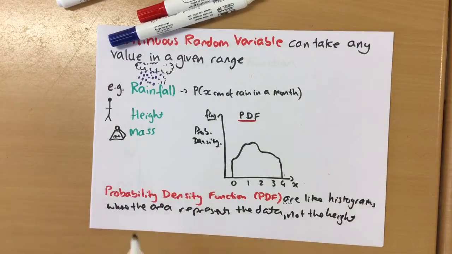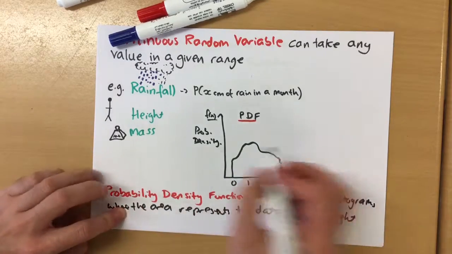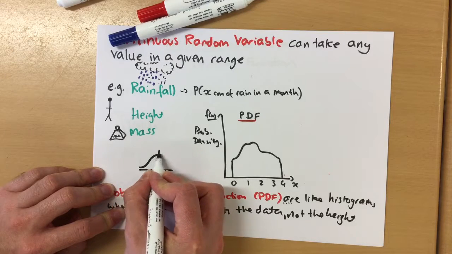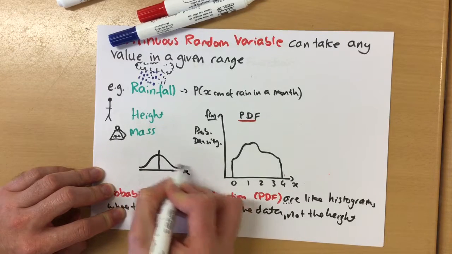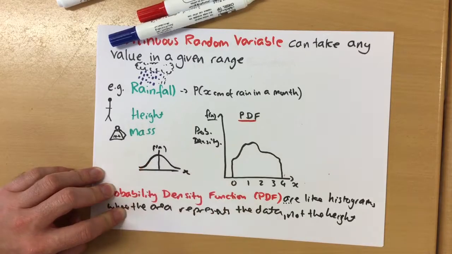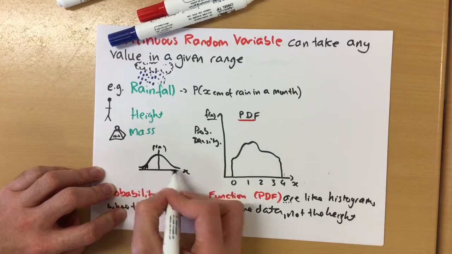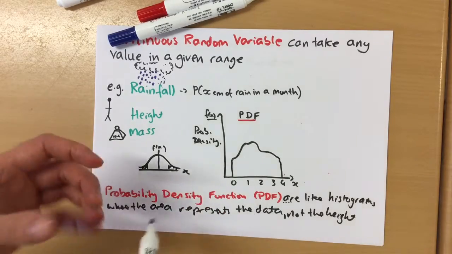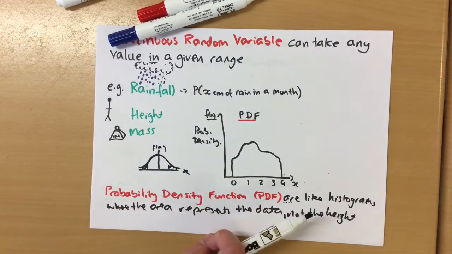You've seen something like this before. We're looking at your normal distribution. Your normal distribution was shown by the area under the graph. It's continuous. This is another version of the same issue.